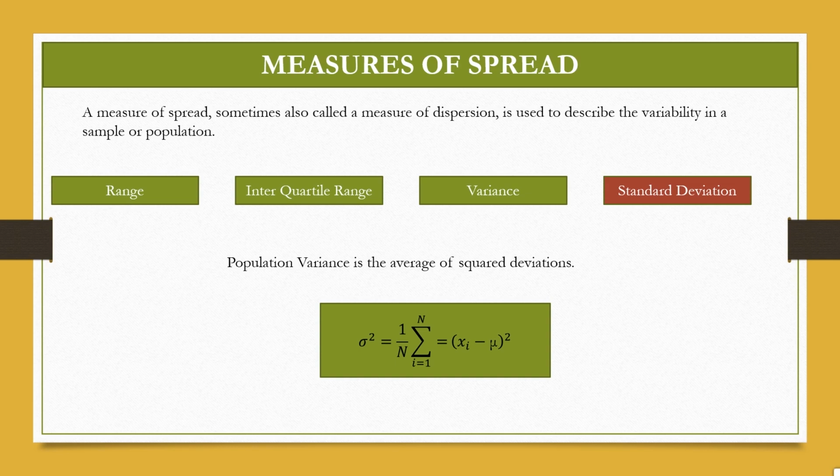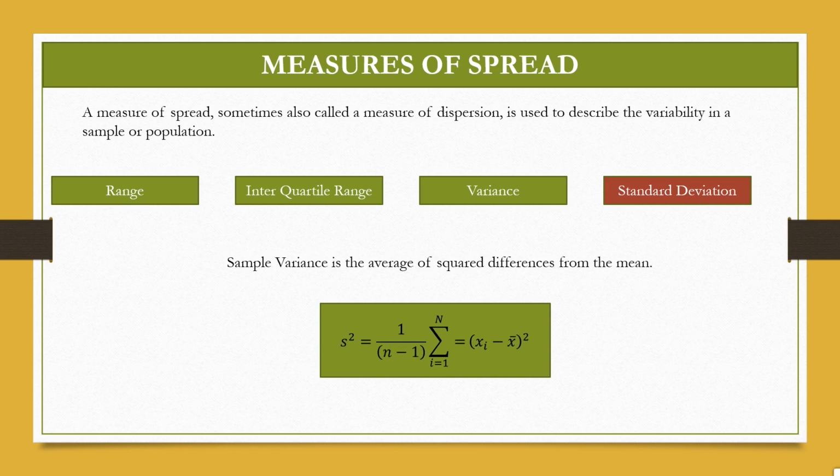Now let's look at the sample variance. Sample variance is the average of squared differences from the mean. Here xi is any data point or any sample in your data set, and x bar is the mean of your sample.